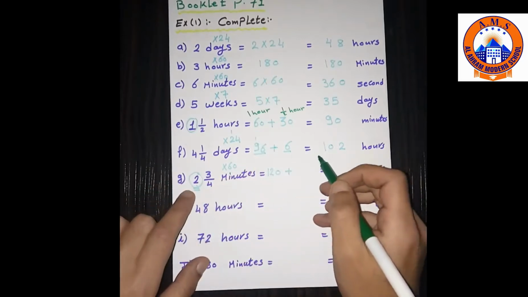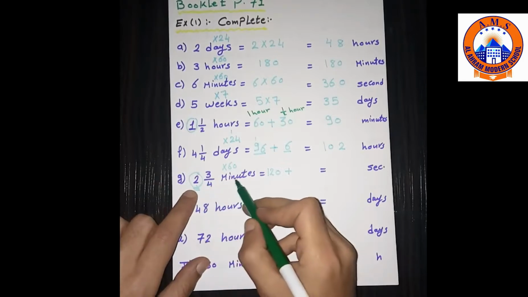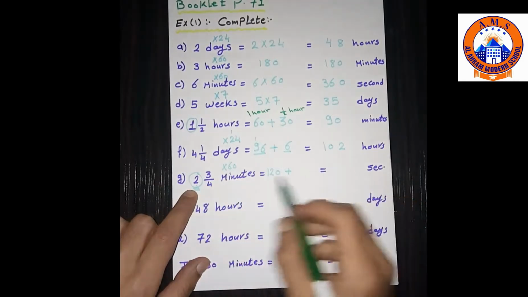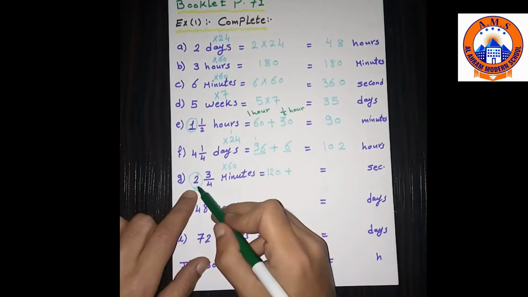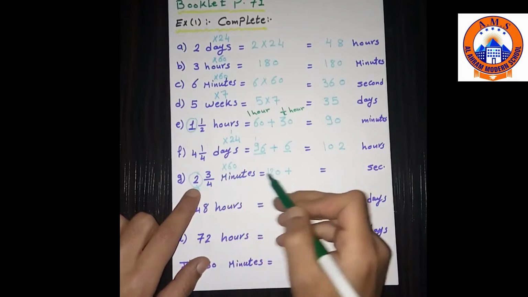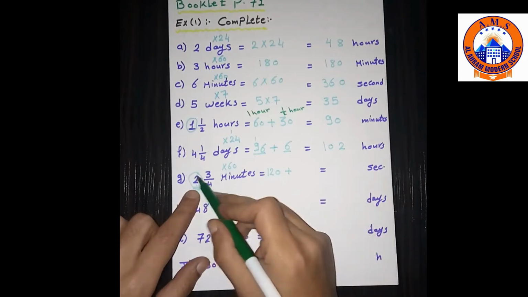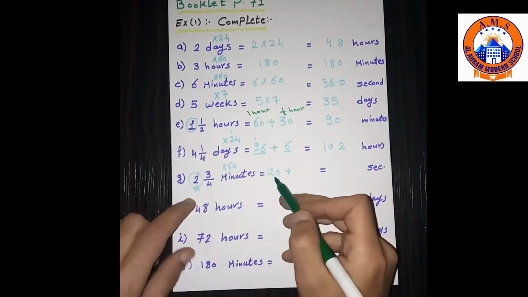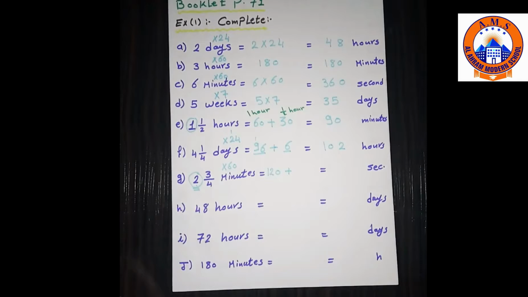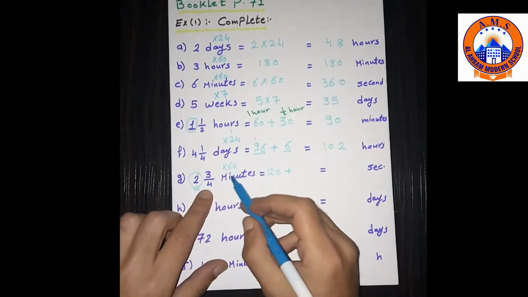Next question, number G. We have 2.75 of a minute, and we want to change it into seconds. 2 minutes will be multiplied by 60, so 2 by 0 equals 0, and 2 by 6 equals 12, and 2 minutes will equal 120 seconds. Then we continue with 3/4 of a minute.